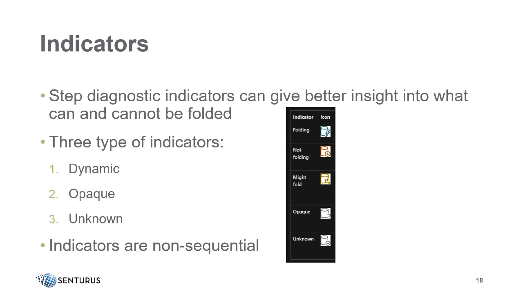There are step diagnostic indicators. These indicators will tell us if something is folding, not folding, might fold, opaque, unknown. The indicators are non-sequential. The indicators are going to help us see what's happening.